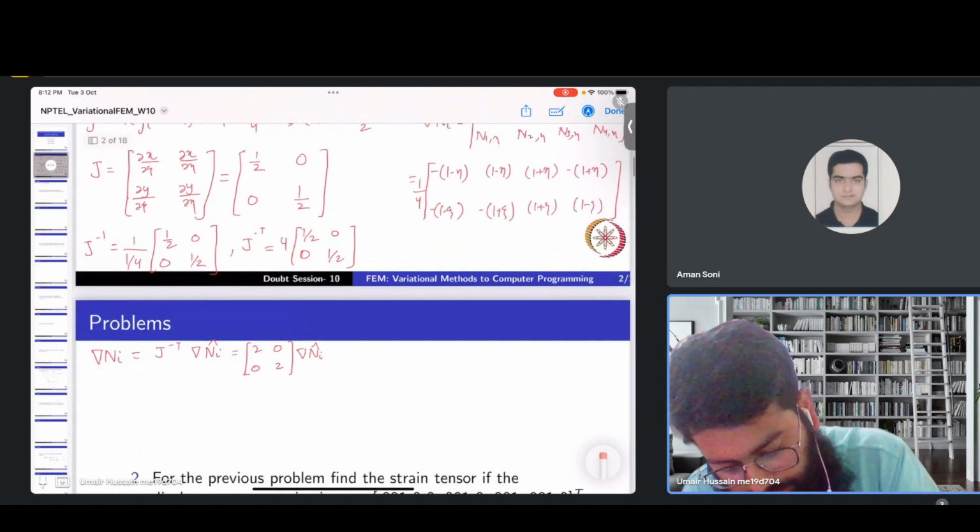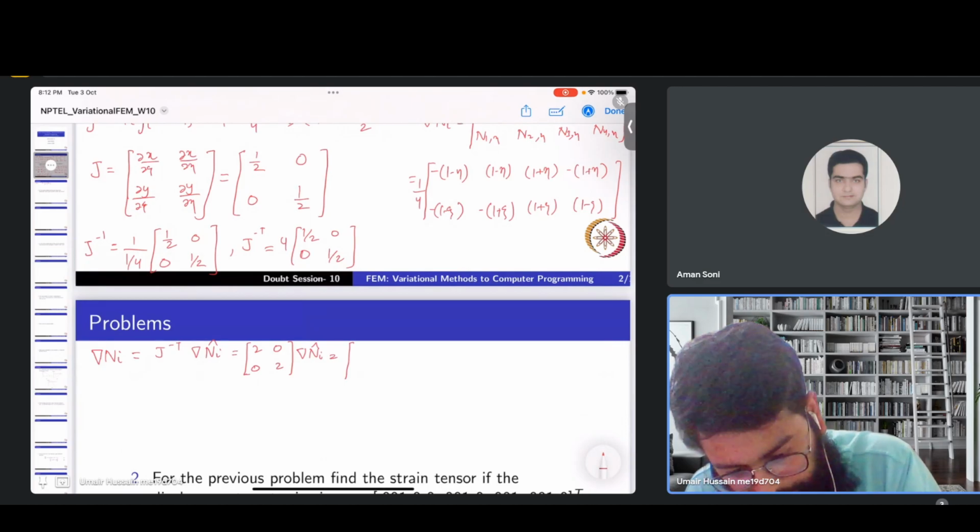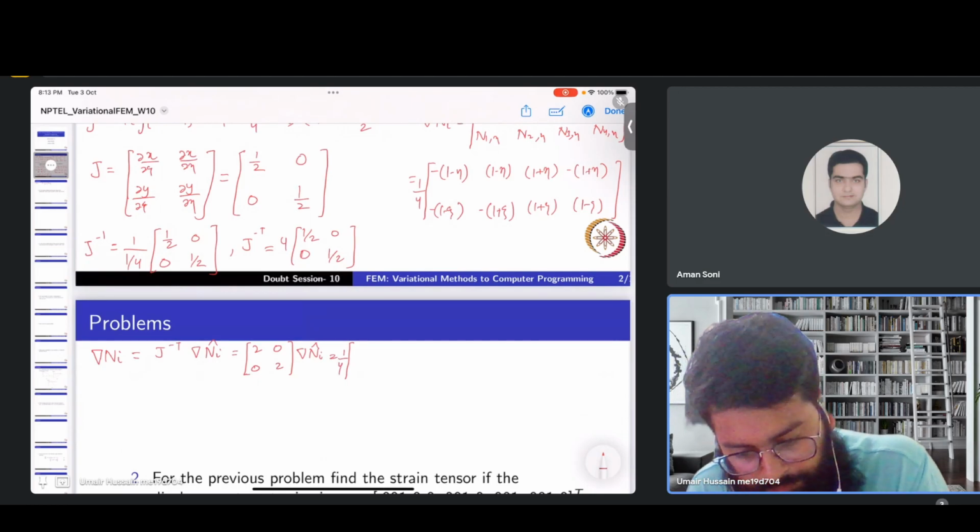So if we multiply it, we get 1 by 4 is already there. So we have the first row will have 2 times the first row, right?